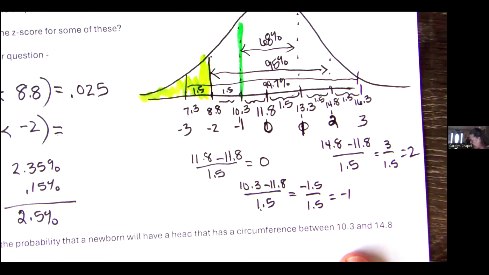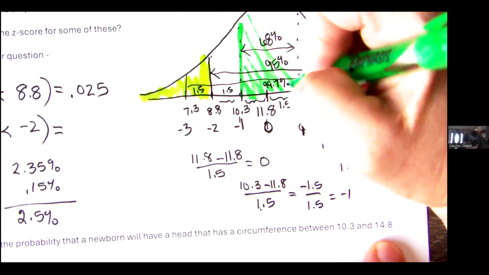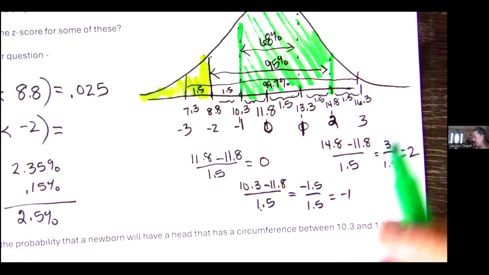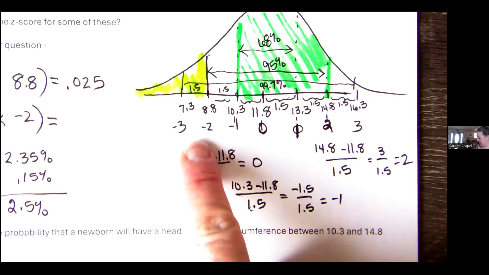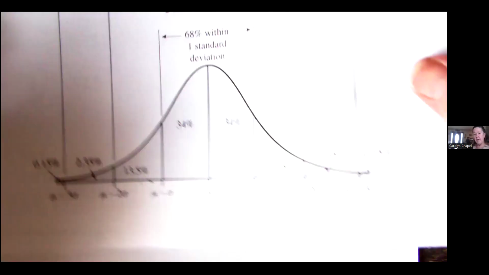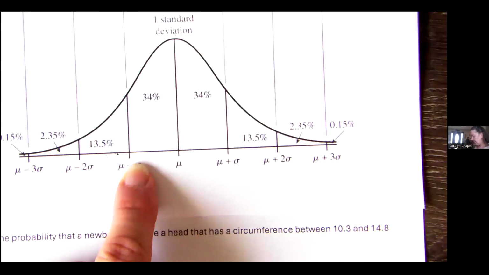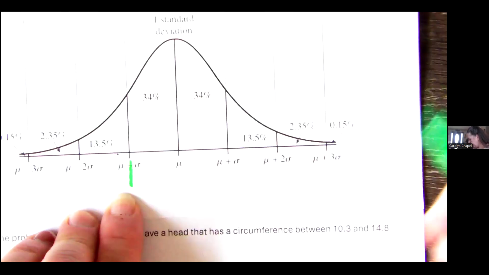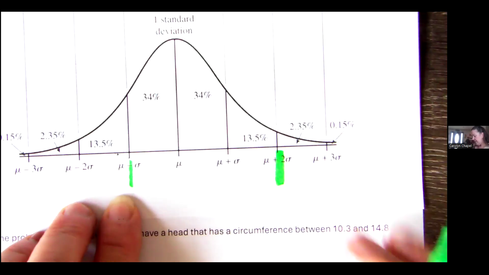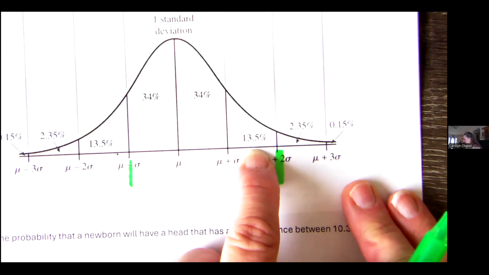So 10.3 and 14.8. That's going from -1 up to 2, or 1 below and 2 above. So here's 1 below and 2 above. So I'm going to take the 34, and the 13.5.